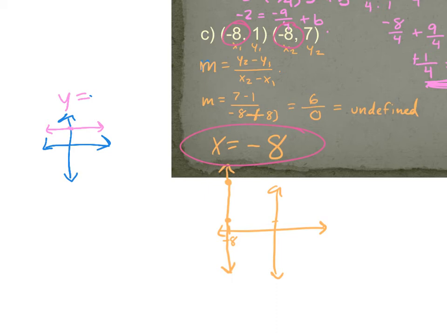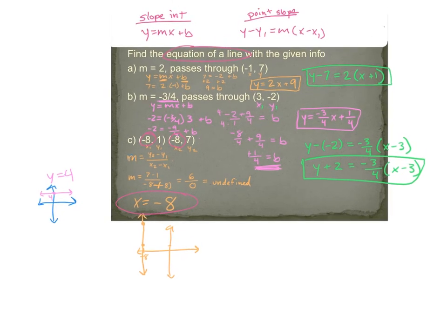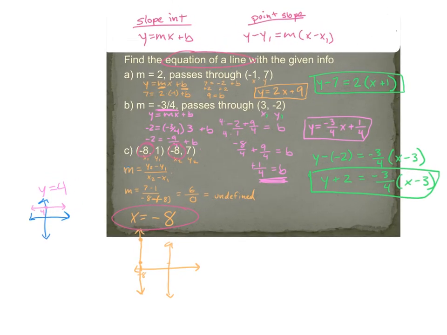So if this was 4, we would have y is equal to 4. And y is always going to be equal to 4, no matter what value of x it is. Okay, any questions here?